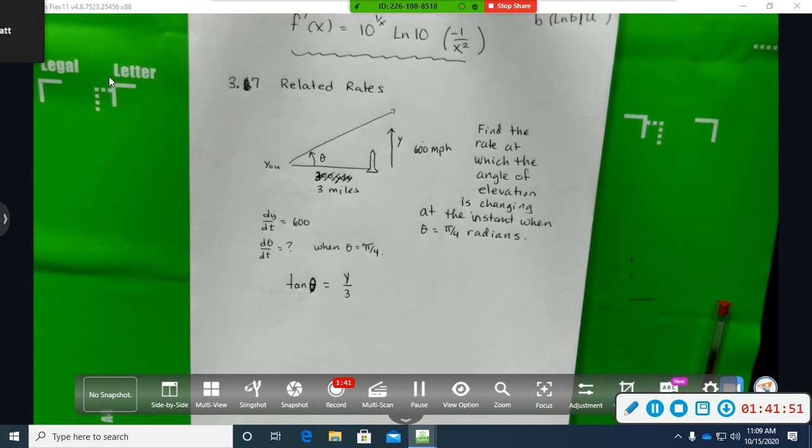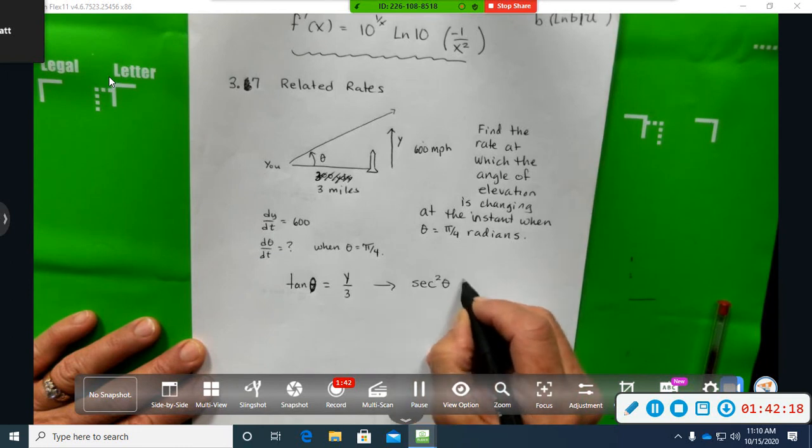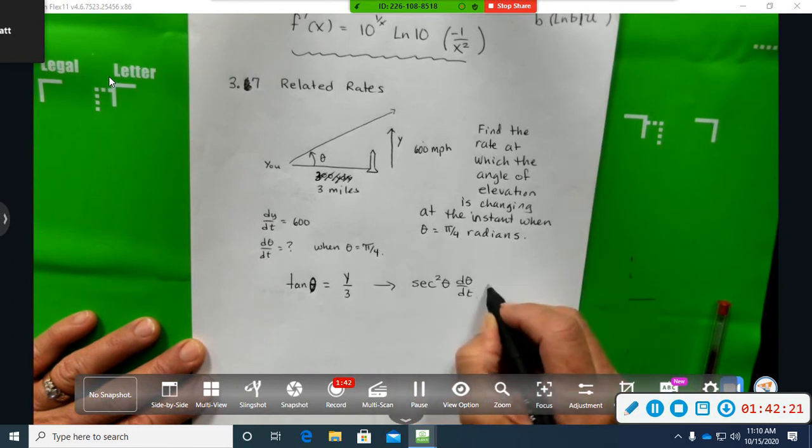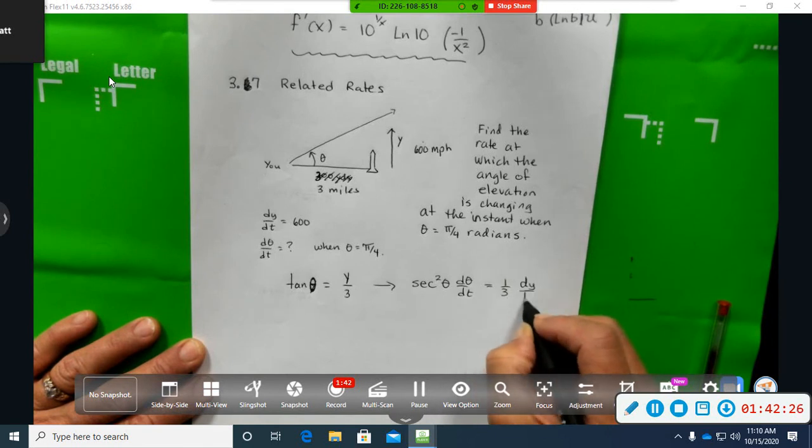The derivative of a tangent is the secant squared, and then you'll have to multiply that by d theta/dt. You can think of y over 3 as 1/3 times y, so the derivative is 1/3 times the derivative of y. You'll get something like this: secant squared of theta times d theta/dt is equal to 1/3 times dy/dt.